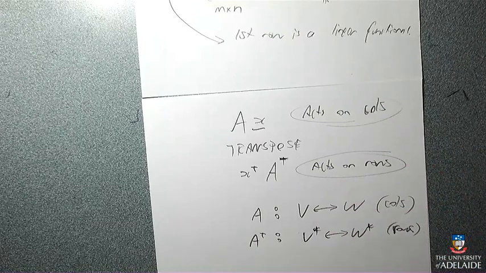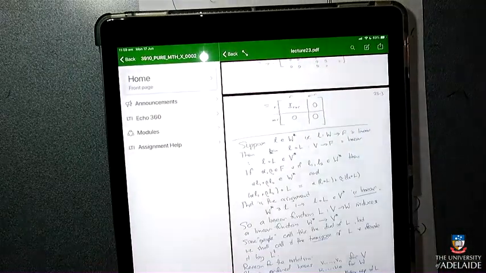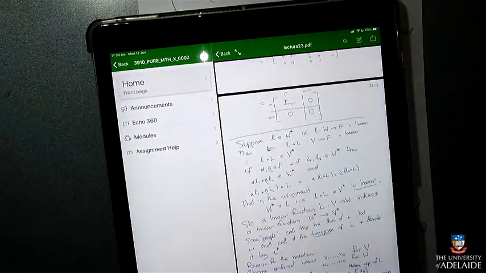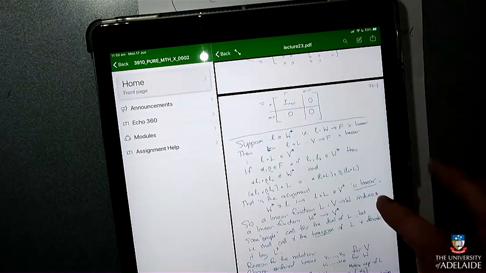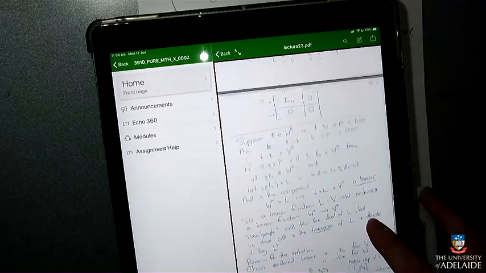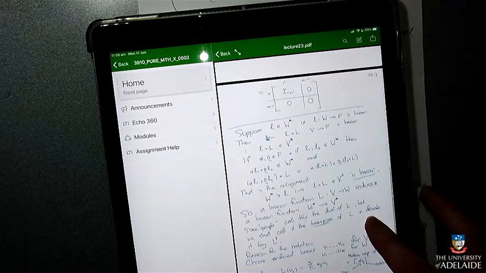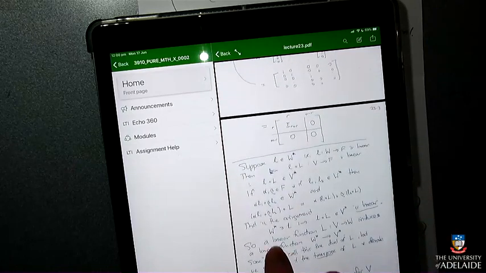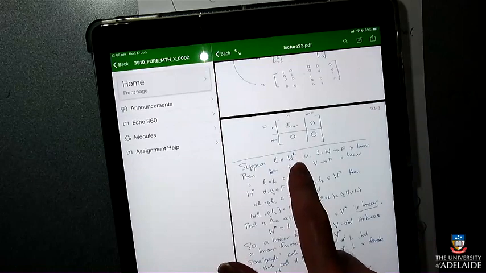Okay, I might be even ready to actually read the definition now. Okay, suppose L is in W star.